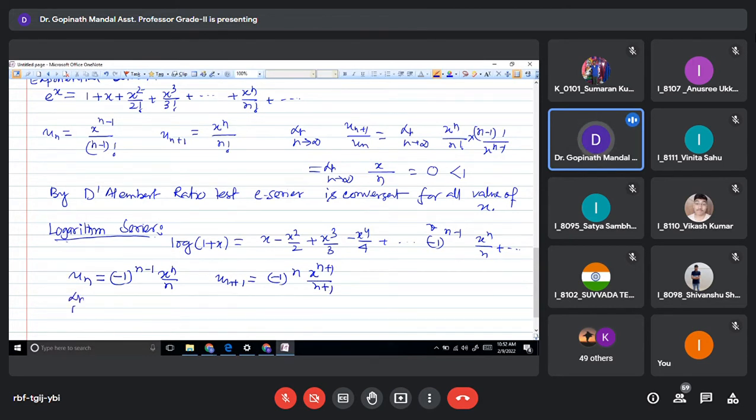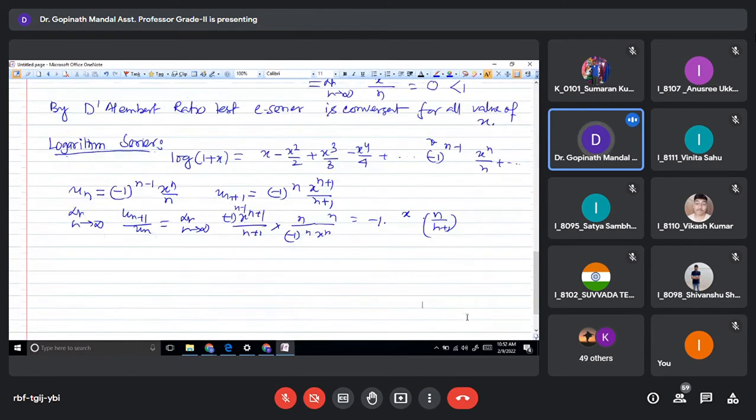So limit n tending to infinity un plus 1 by un. It means minus 1 into x into n by n plus 1.